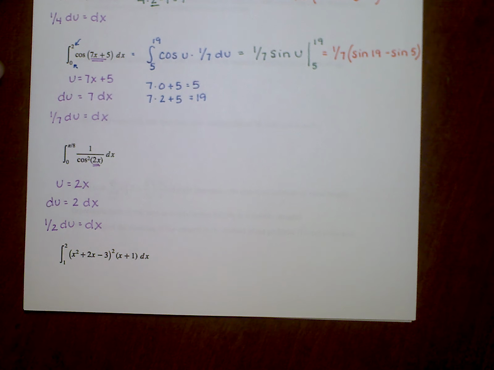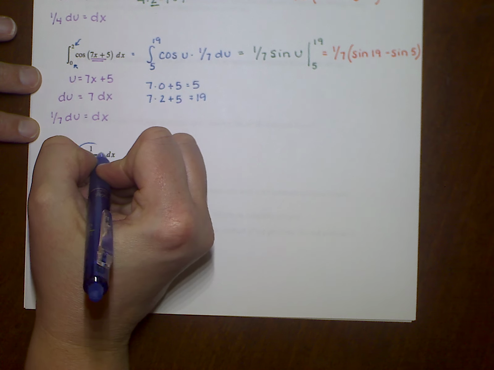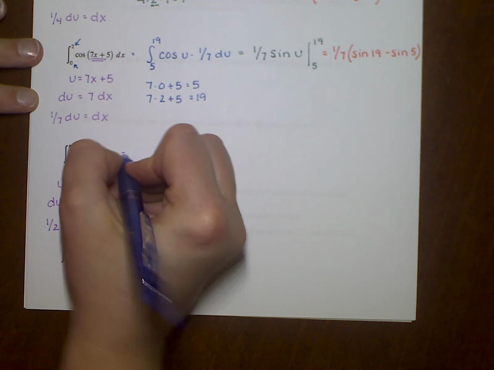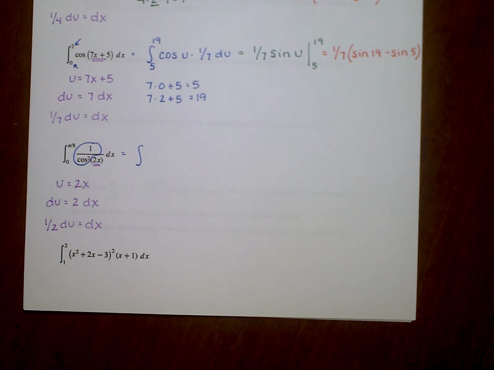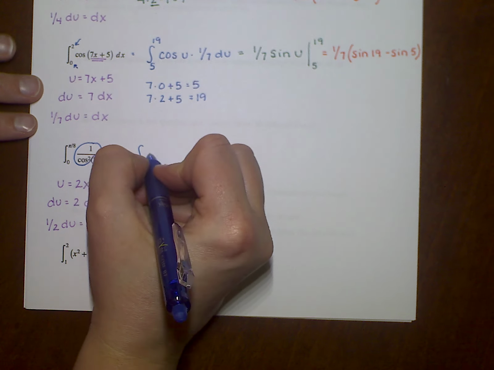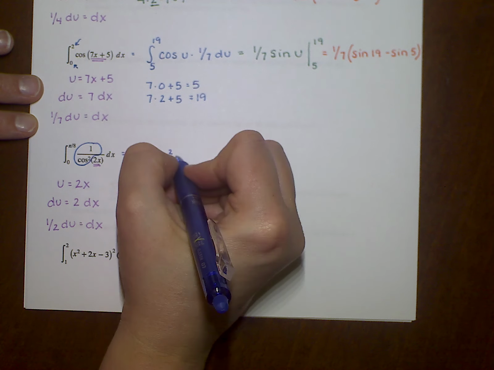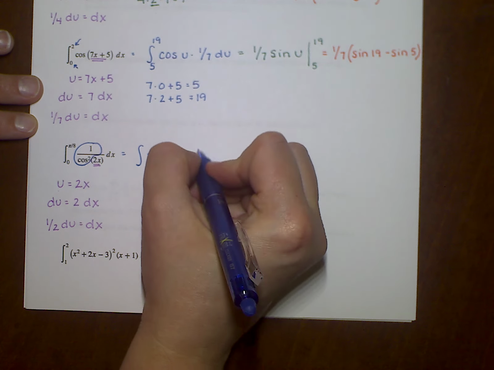That is a big deal, understanding that this thing here is really just secant squared in disguise. So when I write this integral, I'm not going to write it as 1 over cosine squared because that's not something I recognize, but I do recognize secant squared of u, right? And then my dx is 1/2 du.